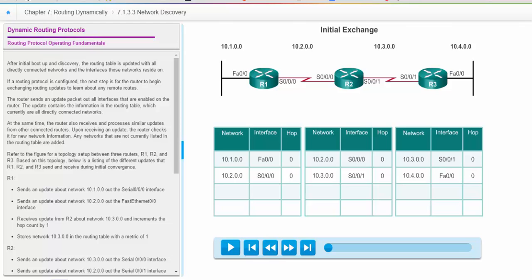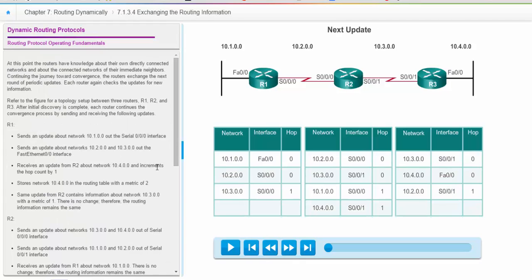It's not going to send them out of the interfaces that are not enabled. Once it has done this and the other routers have received the information, they will send information back through those interfaces, and it will basically learn of the other networks.